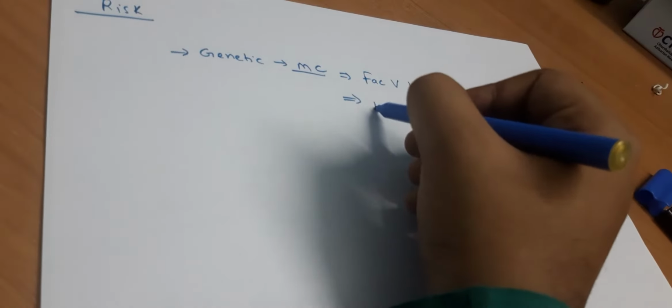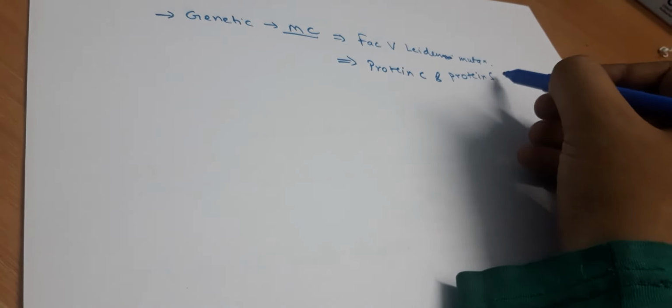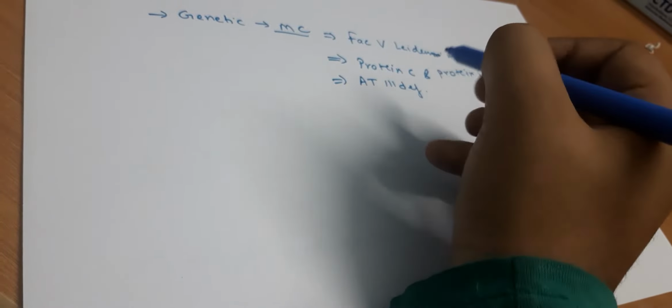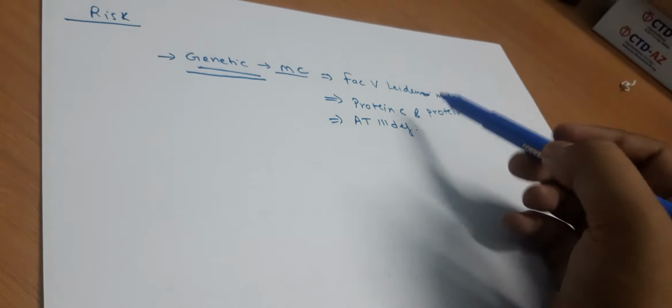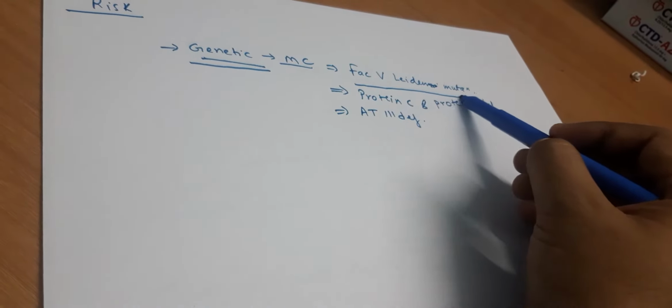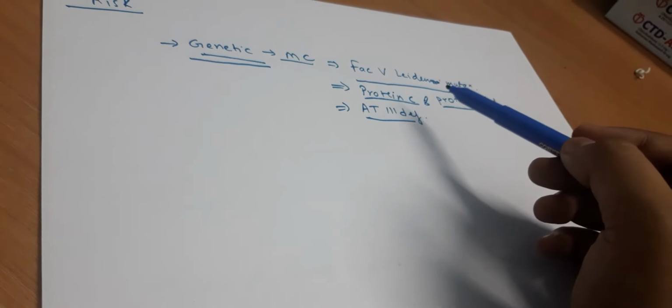Another example is protein C and protein S deficiency. And another example is antithrombin 3 deficiency. These are the things we have to remember in the genetic risk factors of pulmonary thromboembolism. What we read was factor 5 Leiden mutation, protein C and protein S deficiency, and antithrombin 3 deficiency.